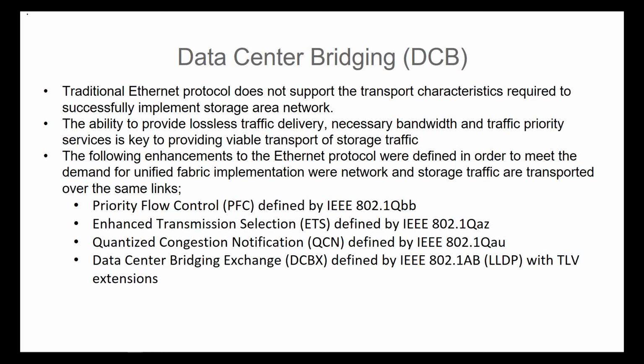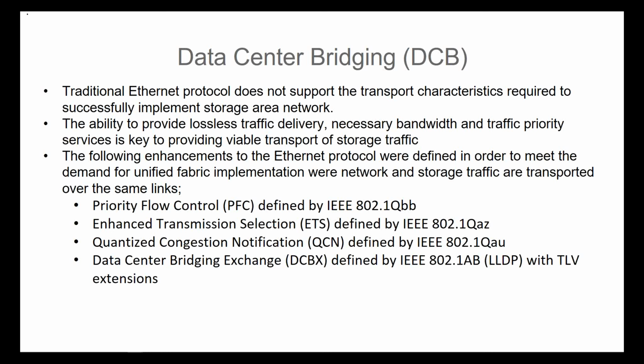The following enhancements to the Ethernet protocol were defined in order to meet the demand for unified fabric implementation for network and storage traffic that are going to be transported over the same links. And they're all part of the data center bridging protocol. First one is priority flow control, which is defined by IEEE 802.1Qbb. Enhanced transmission selection, which is defined by IEEE 802.1Qaz.